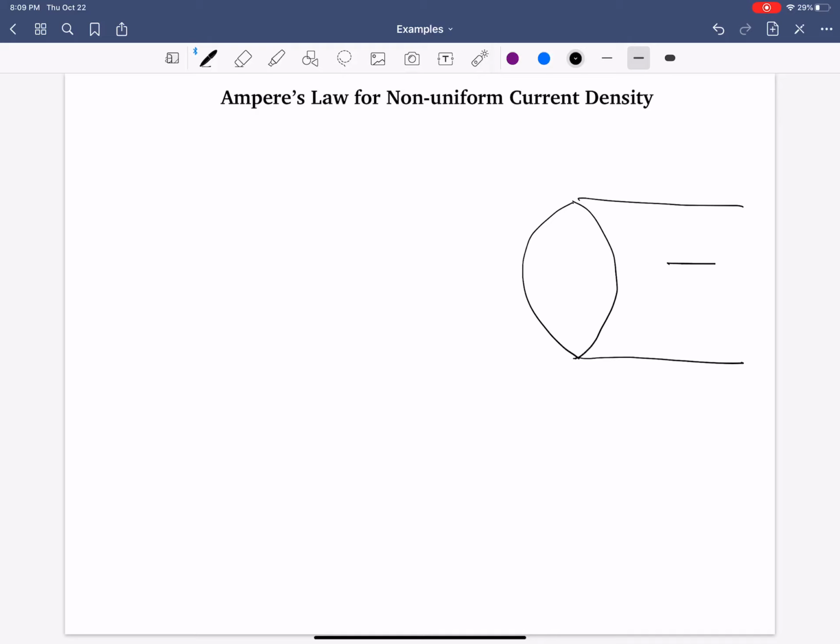Okay, along this wire has a current that runs to the right. This wire is of radius r, and it's a solid, right? A solid wire. So, part A, let's find it, say, outside.